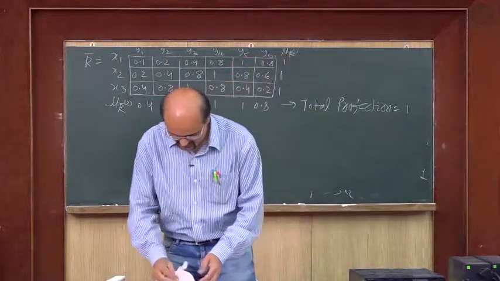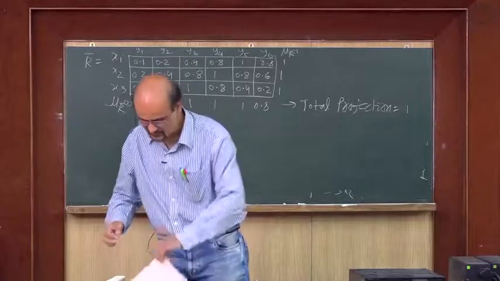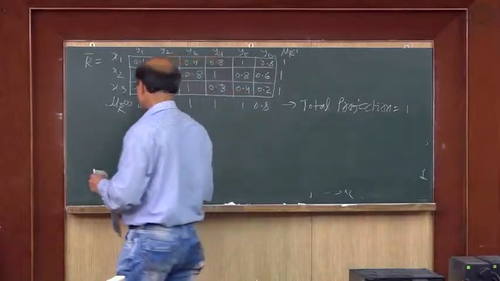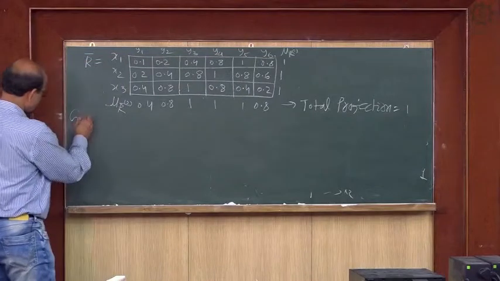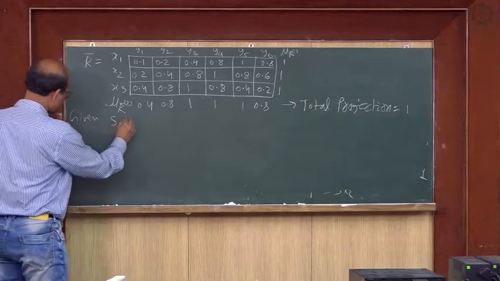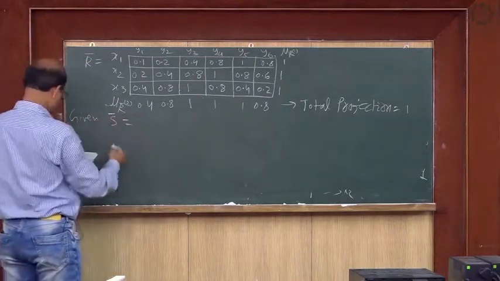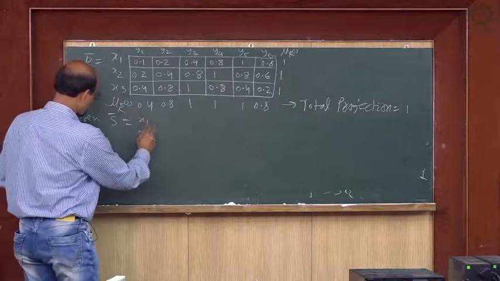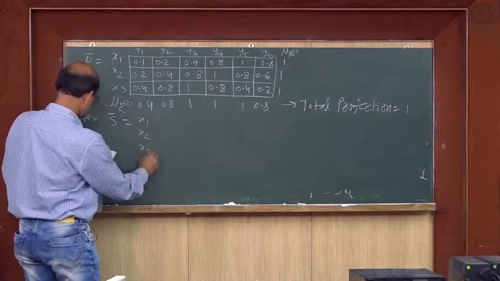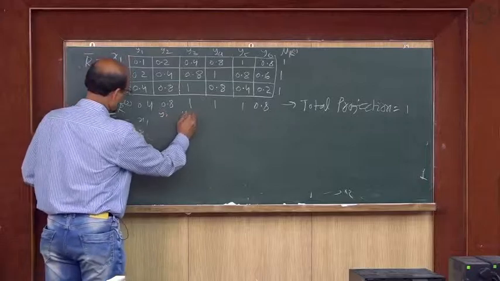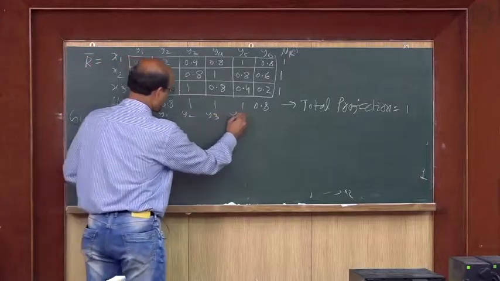So, let us take one example. We are given two relations. R bar is a relation from x1, x2, x3 and y1, y2, y3, y4.